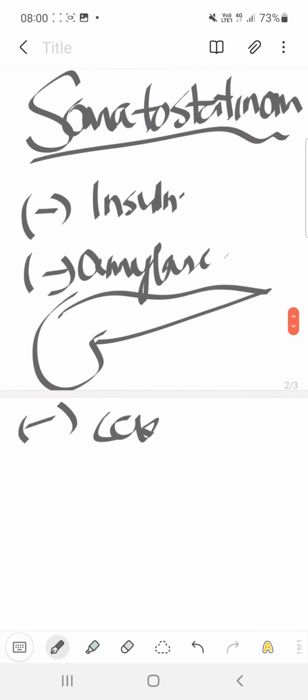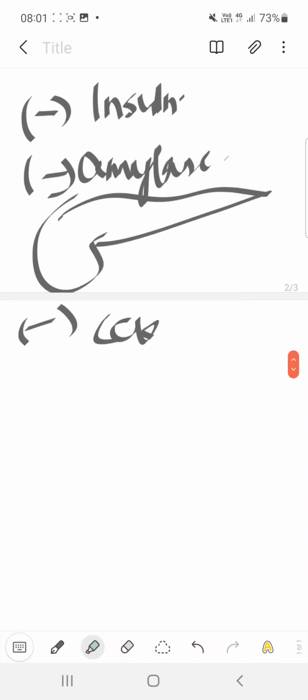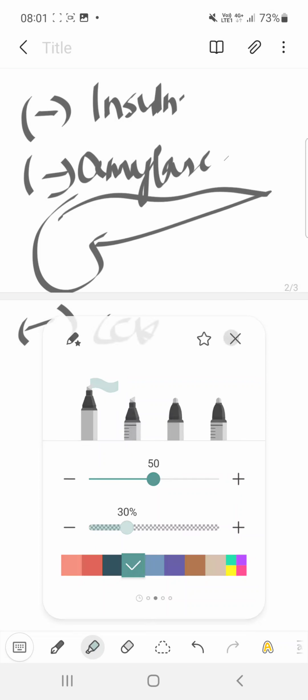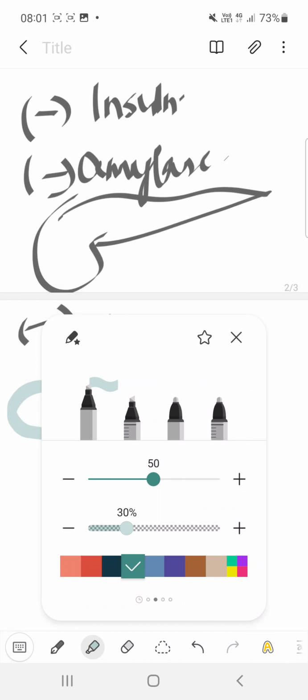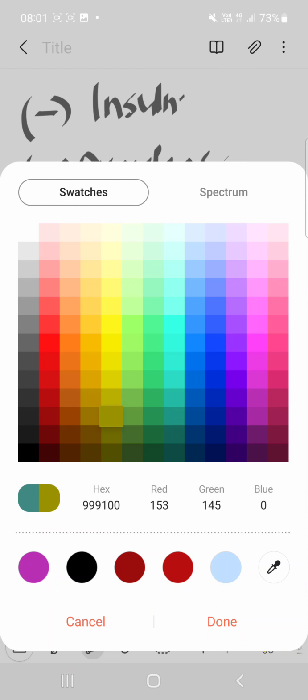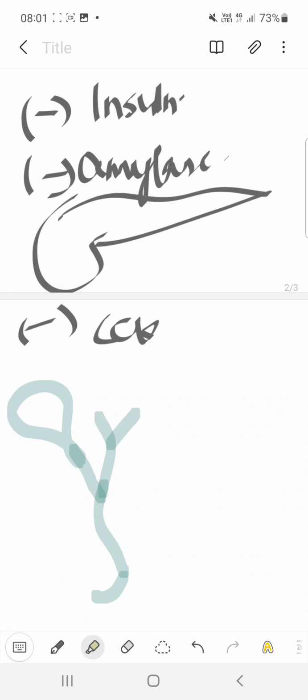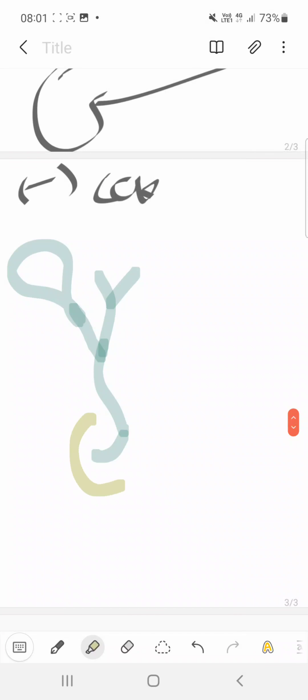So hepatobiliary pancreatic duct. I can just show you like this, the gallbladder, and you have the cystic duct, the hepatic duct, common biliary duct joining, and you have the pancreas. So pancreatic duct will be there like this.